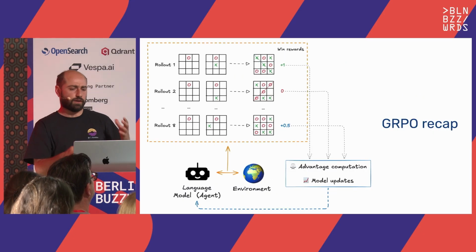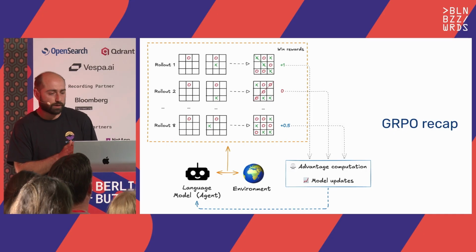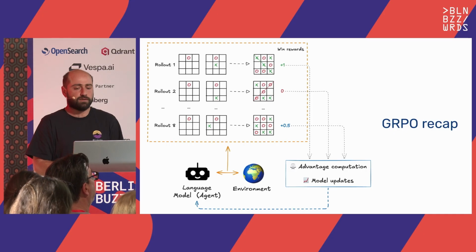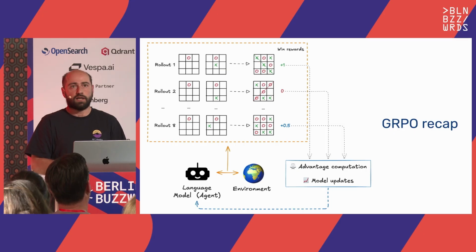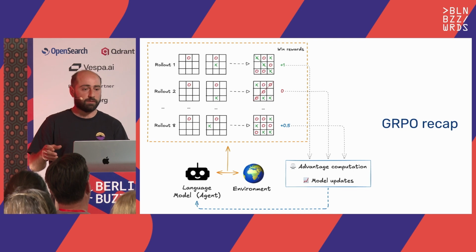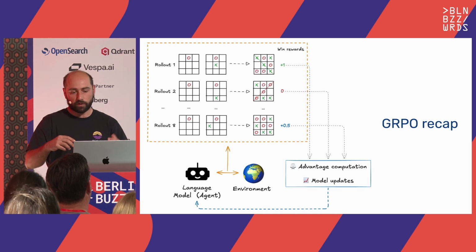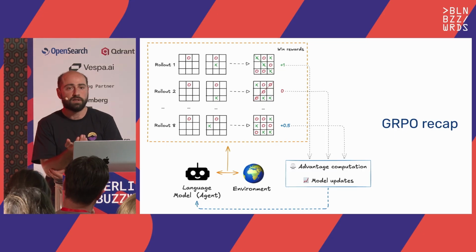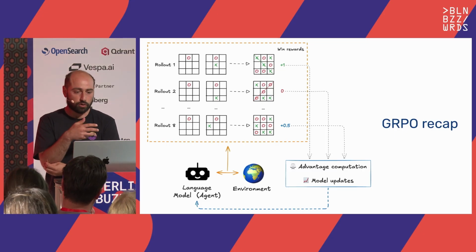But first, a quick recap of GRPO, the algorithm we use. The main idea behind GRPO is that we make the model produce several rollouts, several games, a group of them, and we reinforce the best rollouts inside the group.